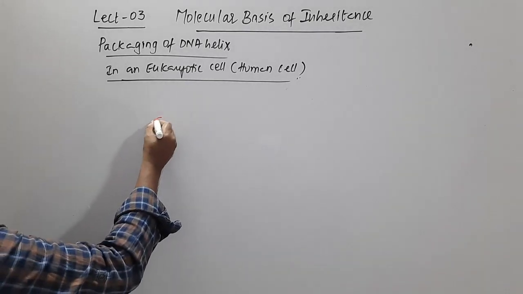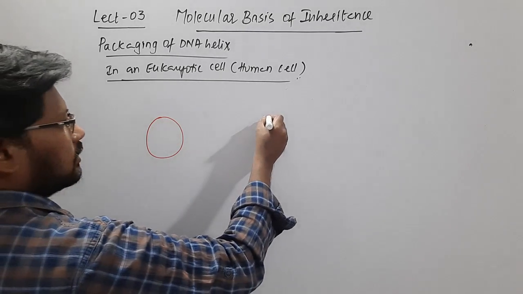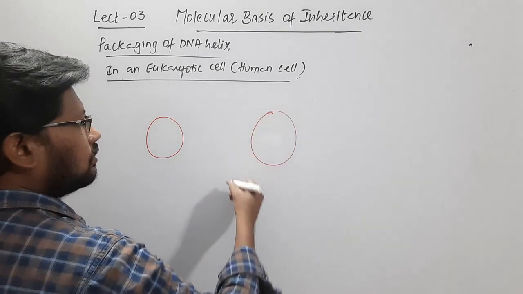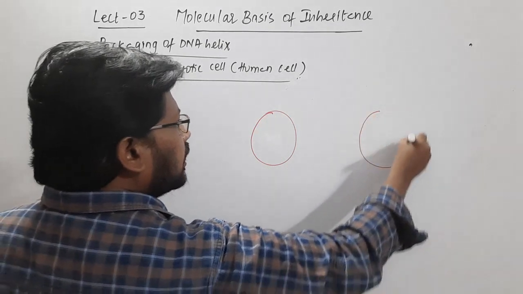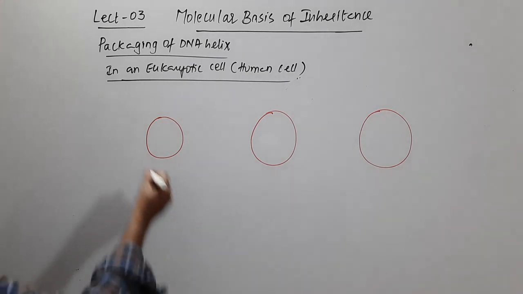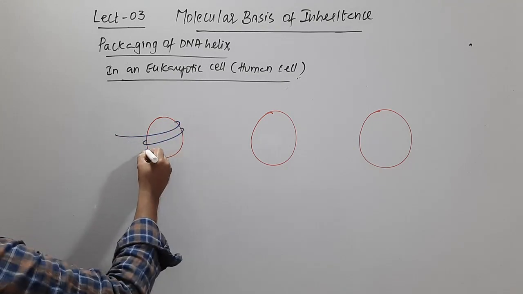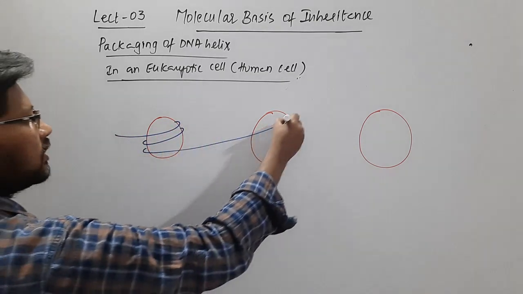So this is one histone octamer, this is another histone octamer, and this is another histone octamer. And now we will be seeing the DNA wrapping around something like this.